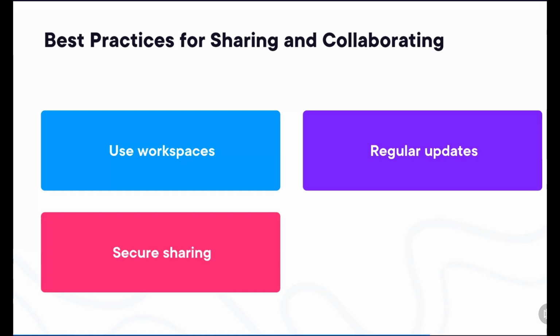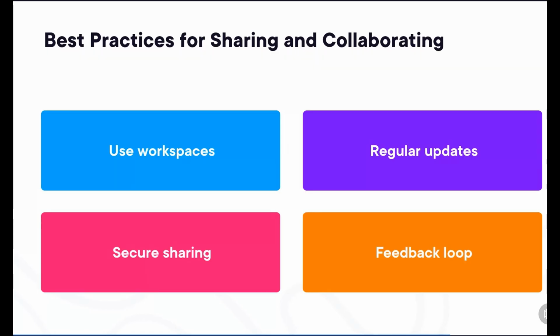Always review and configure sharing permissions carefully to protect sensitive data and ensure that only authorized users have access. Feedback loop. Encourage feedback from users to improve report functionality and usability. Use comments, annotations, and collaboration features in the Power BI service to facilitate discussions and enhancements.